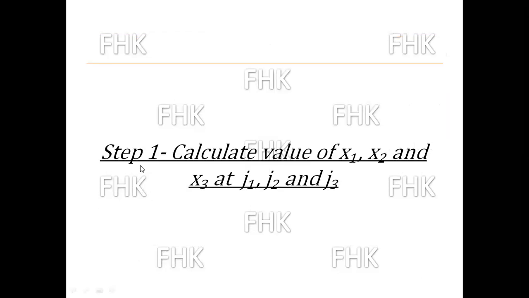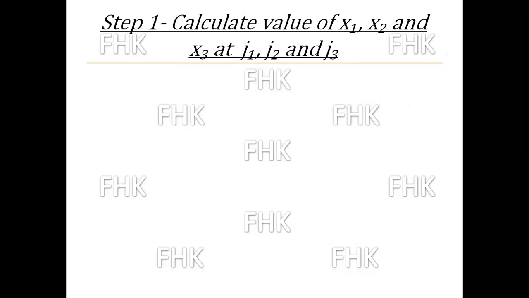Now the first step to find our solution is to calculate the values of x1, x2, x3. Why up to x3 only? Because we have to find the values up to 3 precision points only. So we have to find the values of x1, x2 up to x3 only, at j1, j2 and j3.